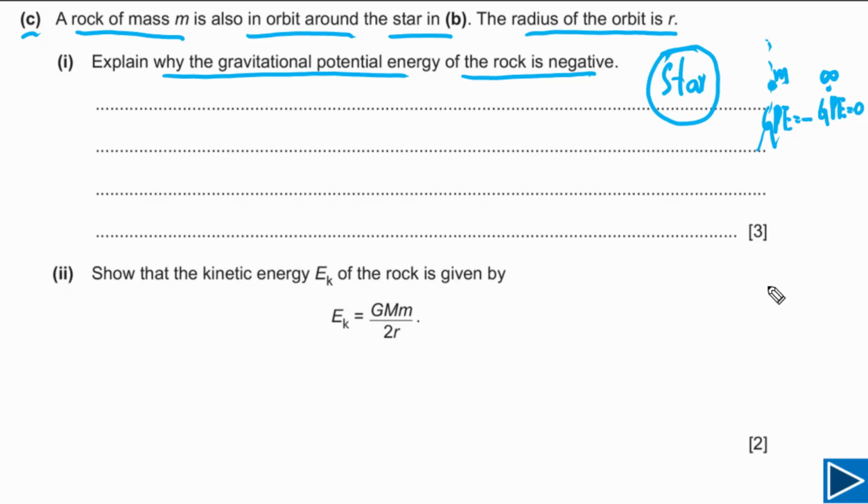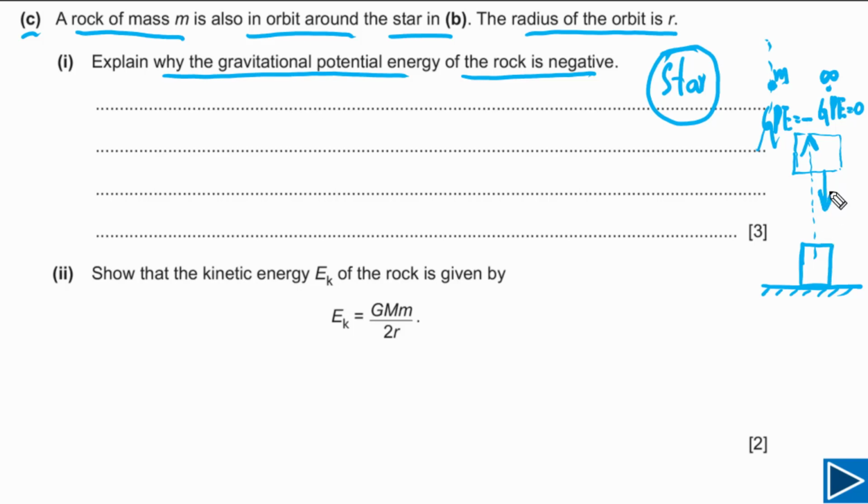Another way to understand this is, let's say we have the ground. If we place this mass on the ground and raise it, the gravitational potential energy of this object will increase. Now imagine that we raise this object to this point and now we lower it, we bring it down.